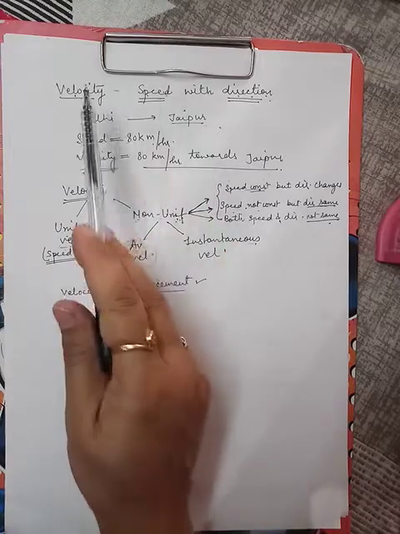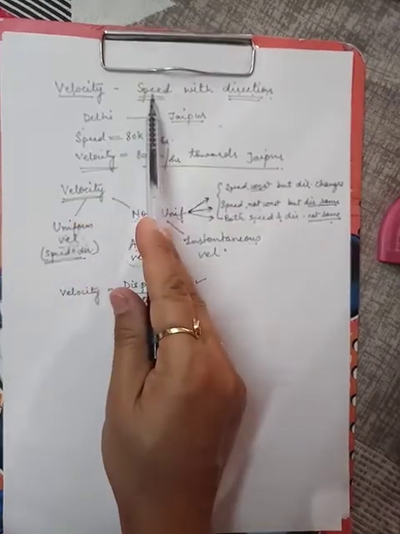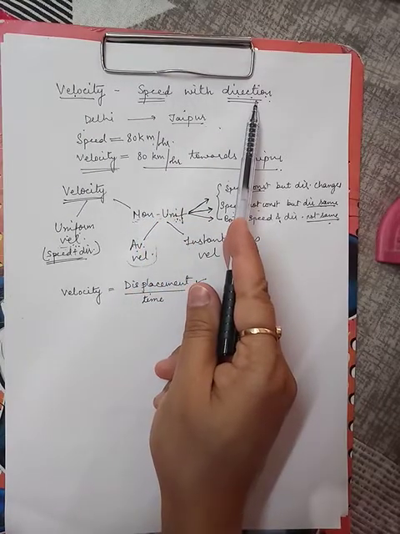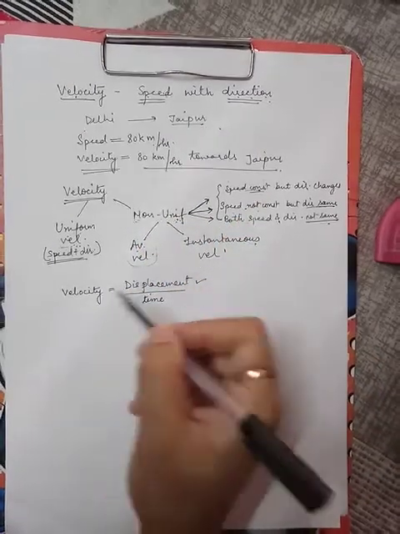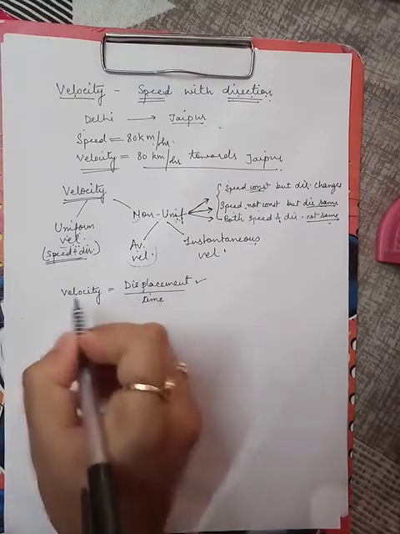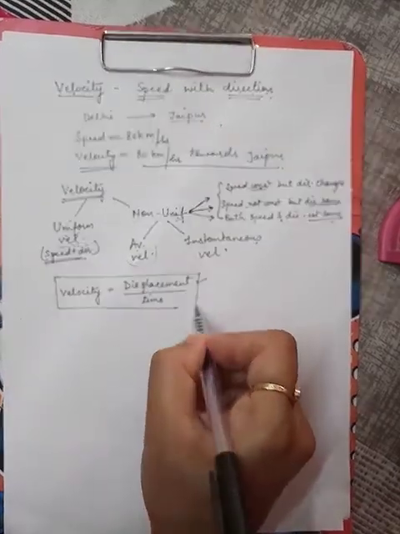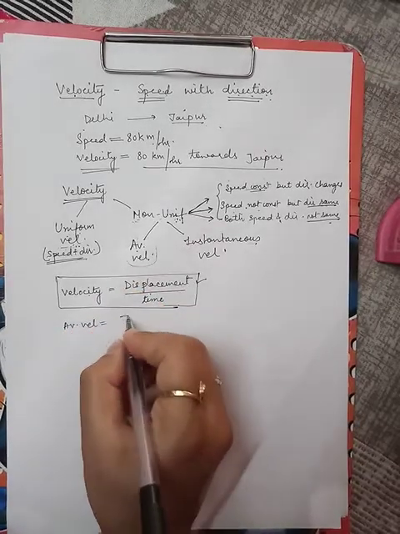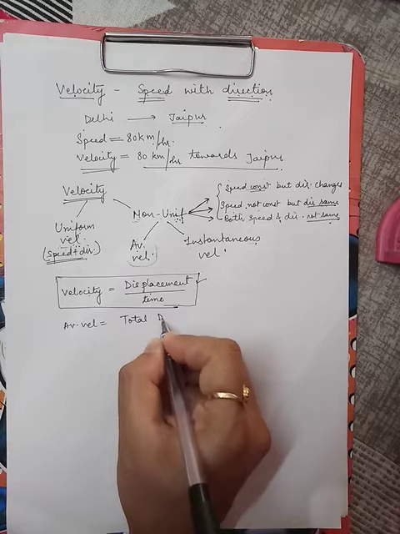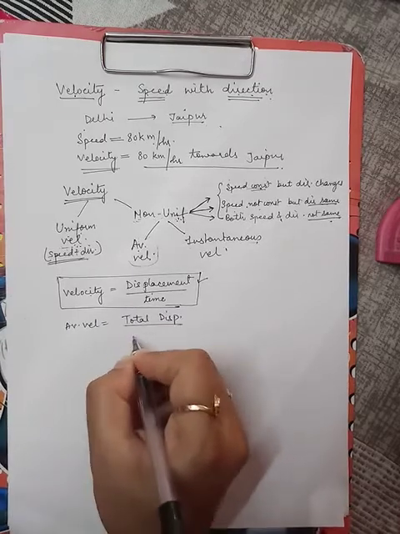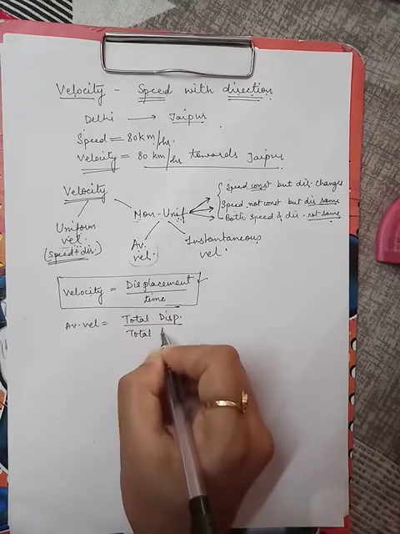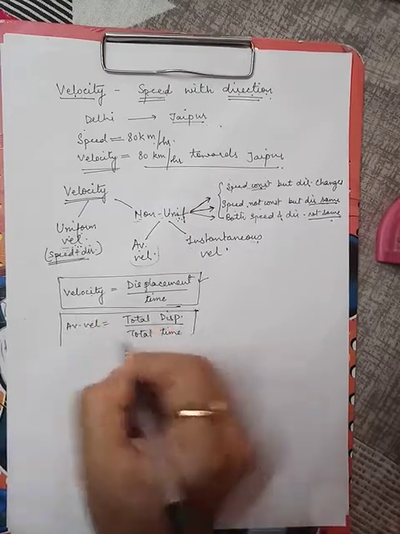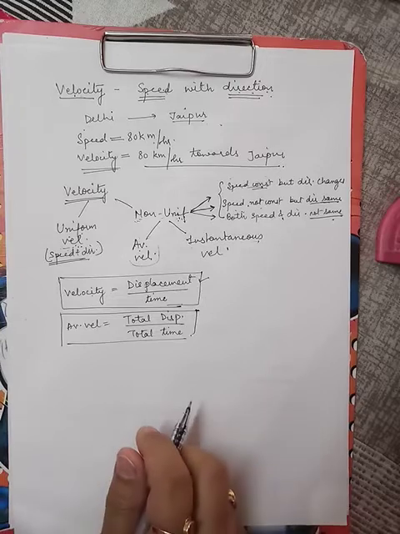So for velocity, which is specified with the direction along with the speed, the formula for velocity becomes displacement upon time. Okay, and the formula for average velocity becomes total displacement divided by total time taken. This will be the formula for average velocity, right?